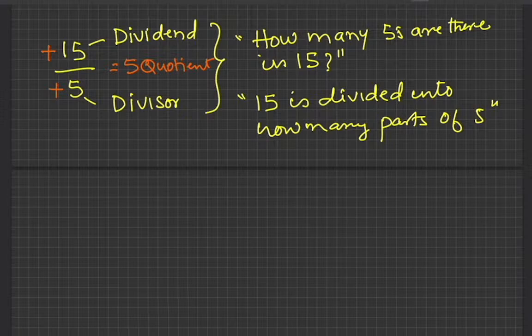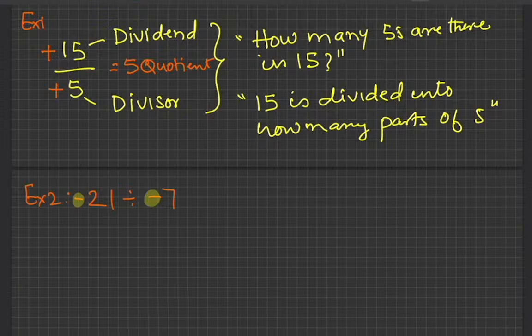Let's take another one. Let's take example 2. Let's say I have negative 21 divided by negative 7. So I see that both the numbers are negative here. Okay.